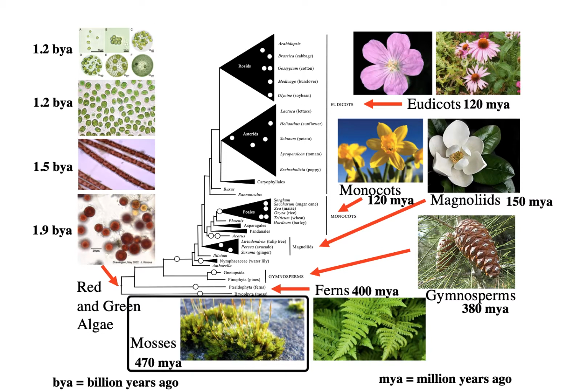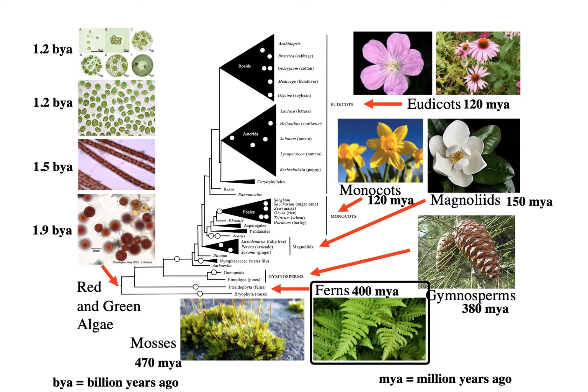And then evolution of the mosses about 470 million years ago. Now these are non-vascular, but they still have their major cell type as haploids, and then they form diploids that form reproductive structures. And then into the ferns, which are now vascular plants, which can be larger and larger.